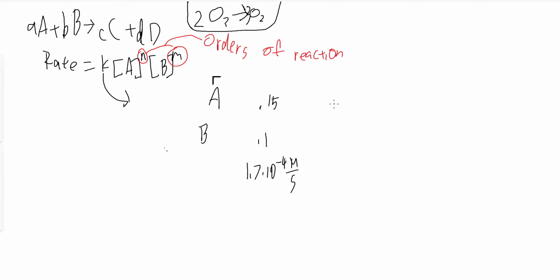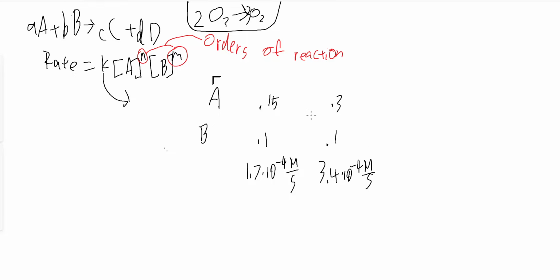Now, if you double A, 0.3, and keep B constant, this would be testing the reaction order. In this case, let's say that doubling A gives us a double in reaction rate. This would be 3.4 times 10 to the negative fourth molar per second.